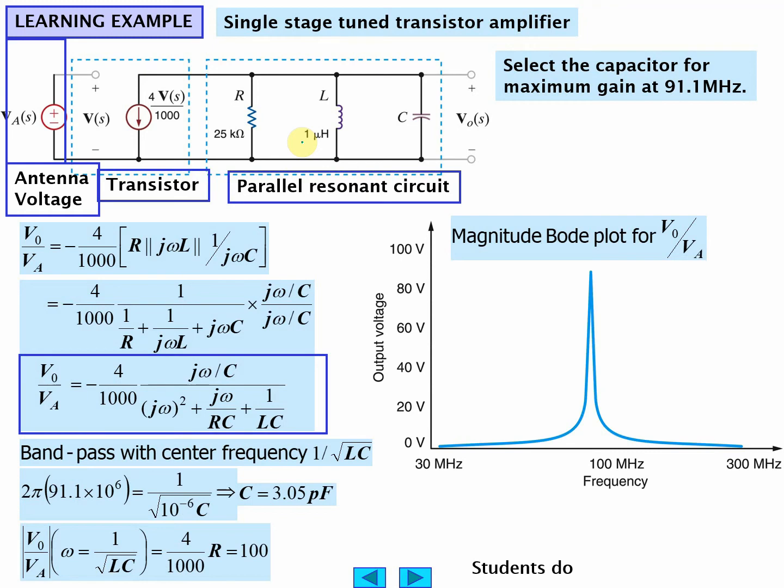Now, maximum gain at 91 megahertz. So of course you design the omega for 91 megahertz. And you try to get that resistor as low as possible. Sometimes you can't help it. There's something going on. So you're told 2 components. You just got to find the capacitor.